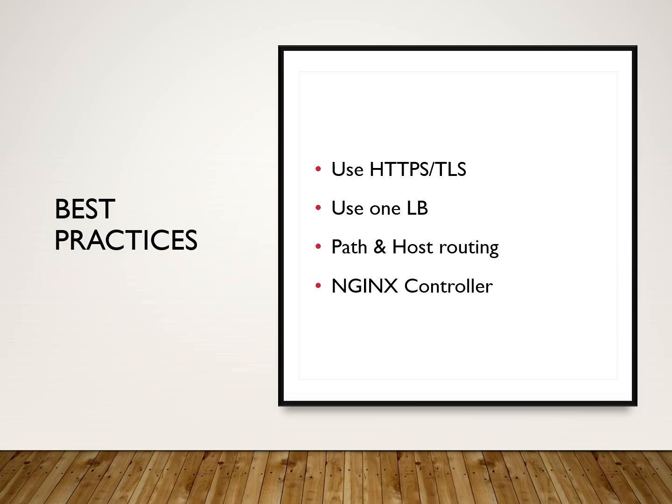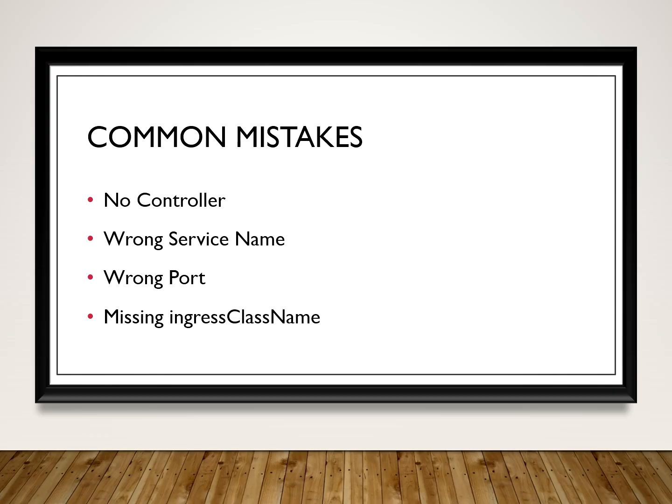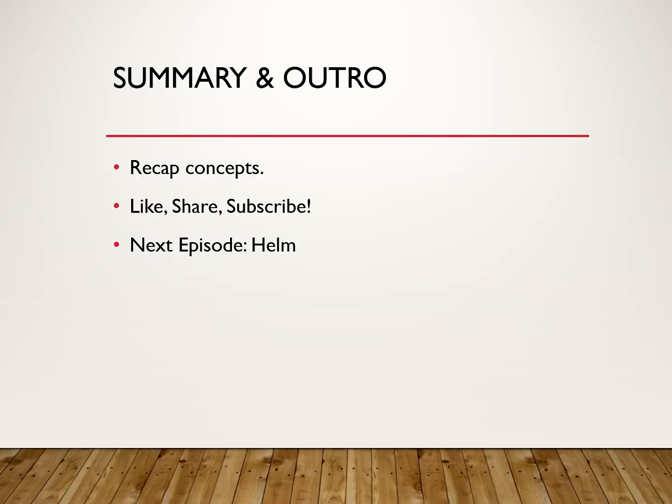Need to have Ingress controller monitoring in place. Routing rules need to be organized and easy to maintain. They improve security, performance and maintainability. This is the architecture. Common mistakes that we make are: no controller, wrong service or wrong port, and missing Ingress class name.